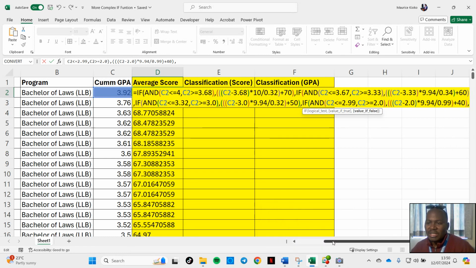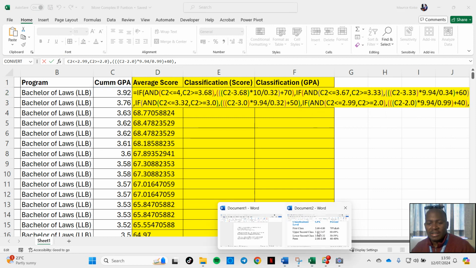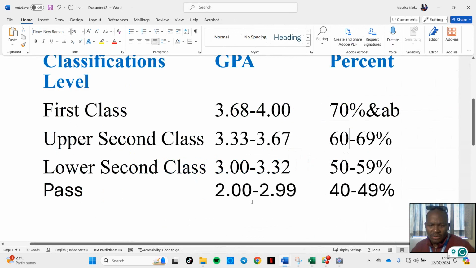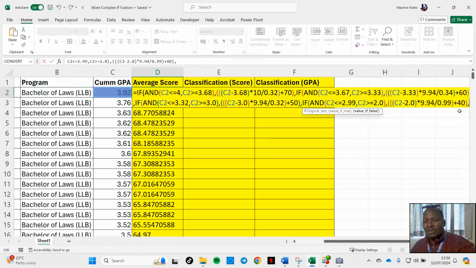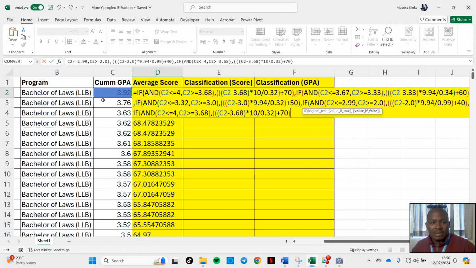Obviously, whatever is remaining is from 0 to 1.99, which is fail, less than 40. Let's work on it. There's no problem. We paste there. We come here down.